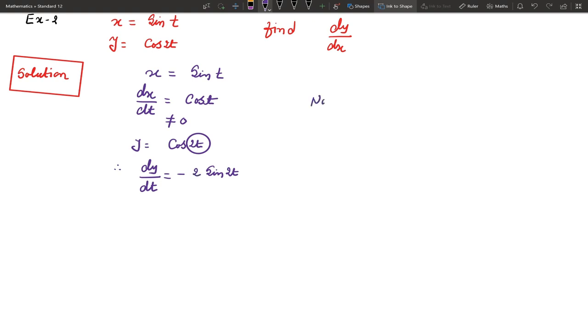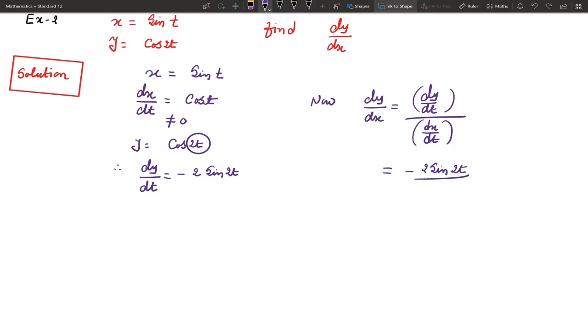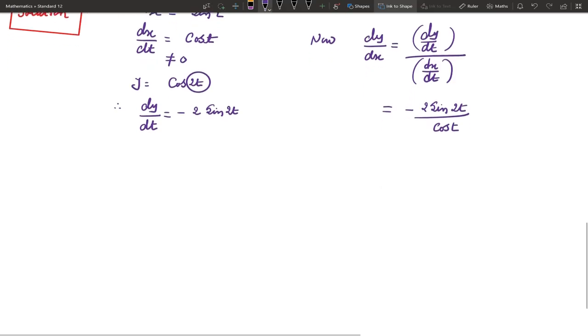So now dy by dx, it is dy by dt upon dx by dt. Put values for dy by dt, minus 2 sin 2t upon dx by dt, it is cos t. Further simplification is possible.